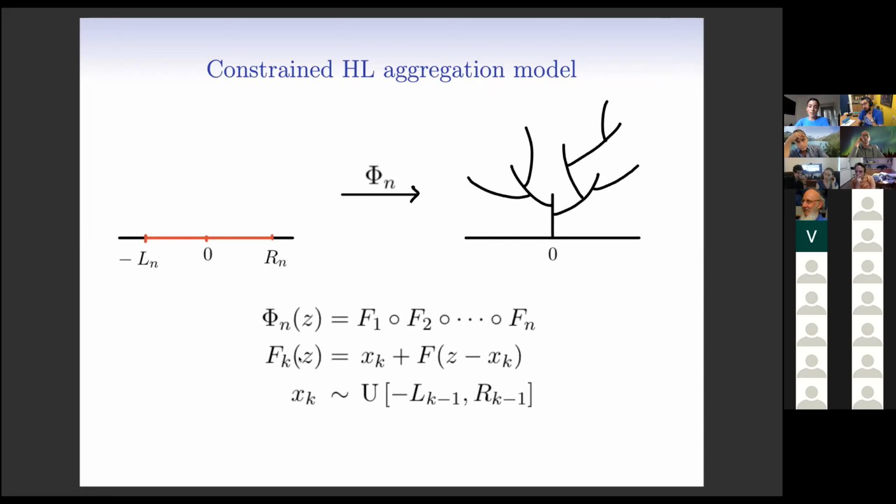So they're all obtained by a deterministic map F, which is the one that grows a slit at 0, conjugated with a random translation which centers it at the attachment point. And the attachment points are obtained as follows. You take your cluster with k particles, map it out. It will go to an interval, a random interval of the real line. There choose a uniform point, and that will be your next attachment point.